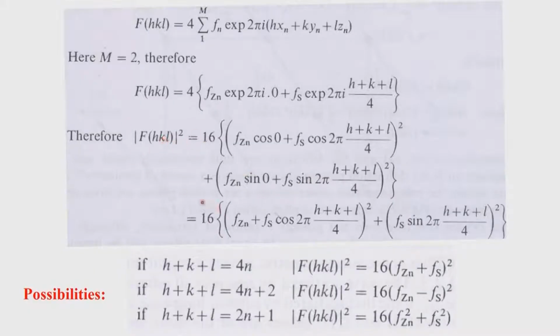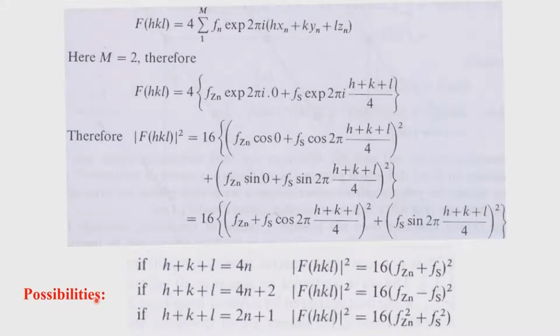We get the intensity value as 16, F of Zn plus F of S cosine 2 pi H plus K plus L by 4 whole square plus this. So, this quantity is something for which we will now have to see what are the possible reflections that come. Now, why am I showing this?